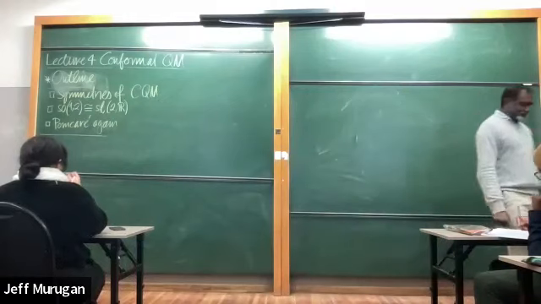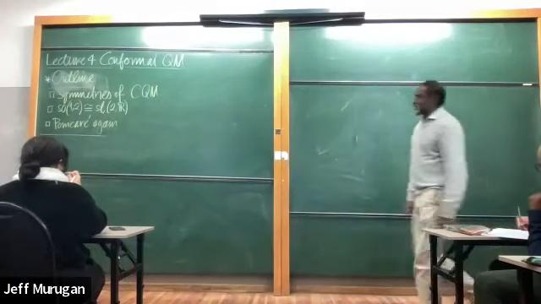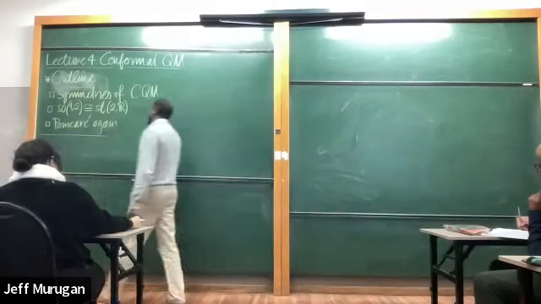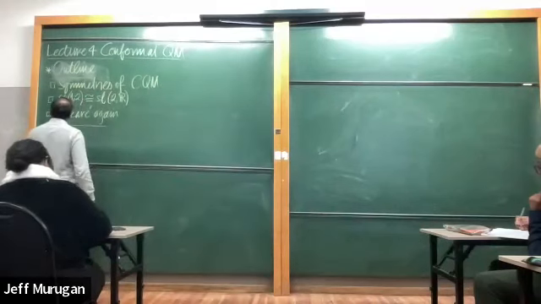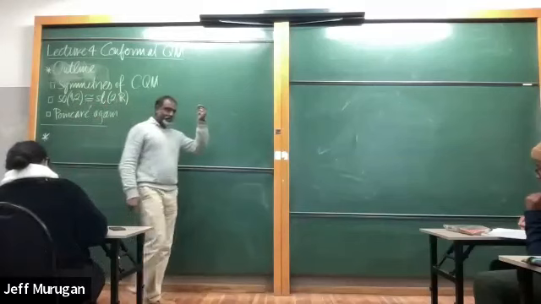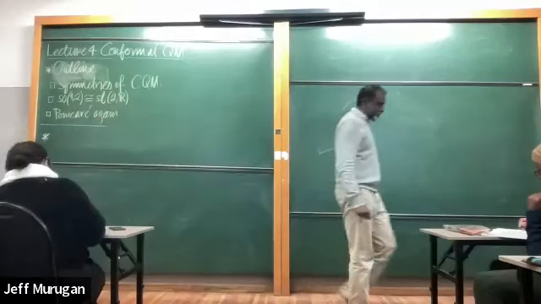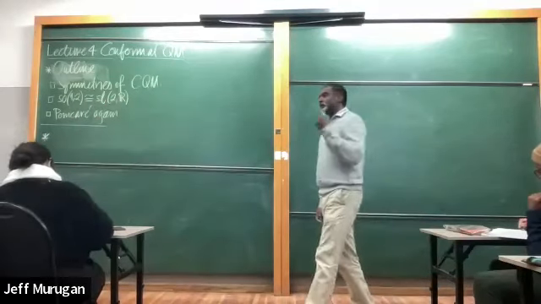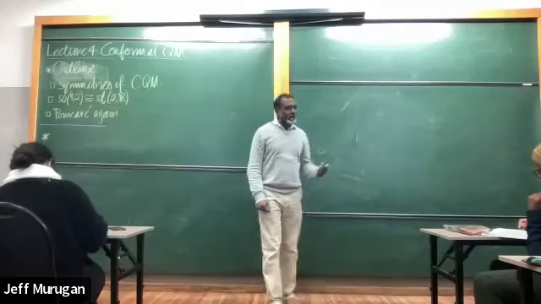Okay. All right, so conformal quantum mechanics is a conformal field theory in 0+1 dimensions, meaning all the dynamics takes place at a single point in space, and the only variables in the problem depend on time.